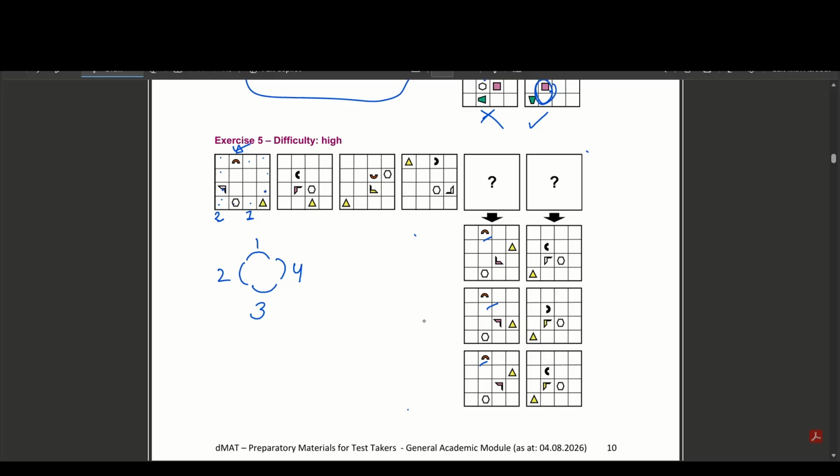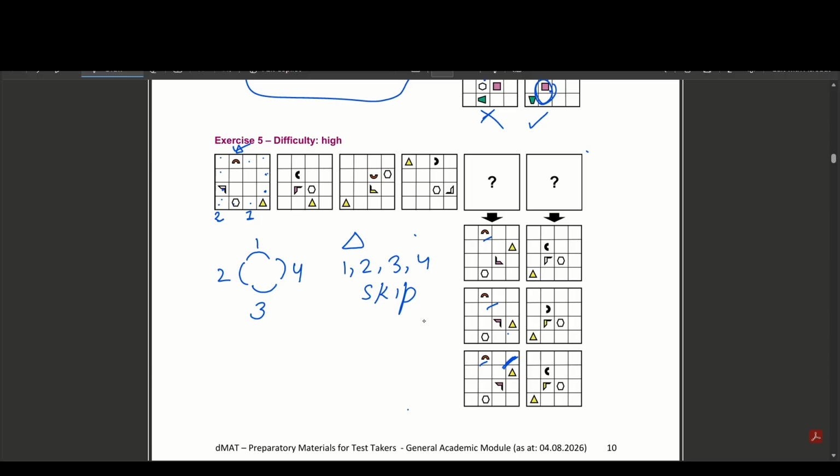So for the triangle, we are changing the position by skipping 1, 2, 3, 4 boxes. So that is also correct here. This is correct. And then moving further, when we are going to change 1, 2, 3, the position would be here, 4.